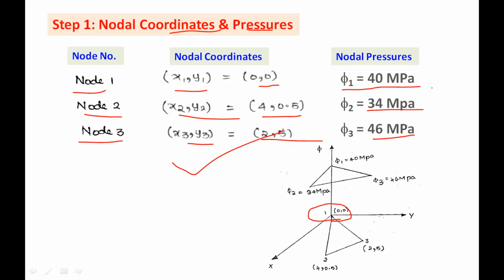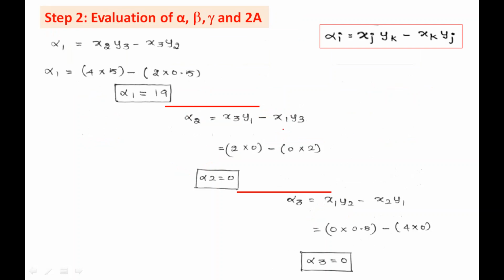Now using this we can find the alpha, beta, gamma, 2A first. Evaluation of alpha, beta, gamma and 2A. Like the previous example, we have to use this general expression alpha i = xj yk minus xk yj. So when you write alpha 1, it is x2 y3 minus x3 y2. Substituting the coordinate values, we are getting alpha 1 equal to 19. Then how to write alpha 2?